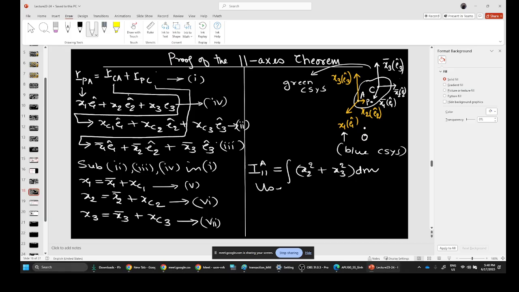I am going to use 6 and 7 in this star and make it appear more complicated. Algebra wise, it will start looking more complicated. It will look like this.